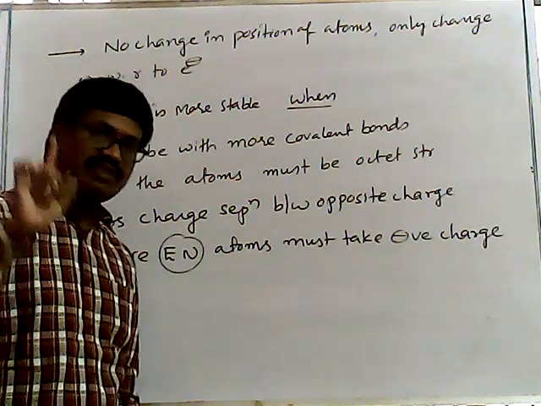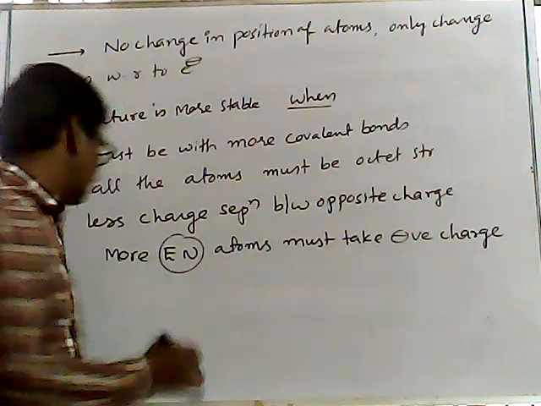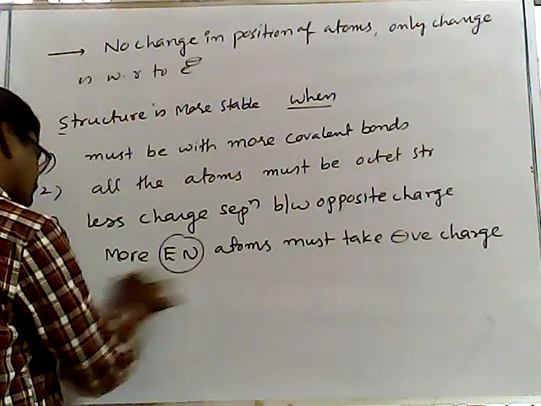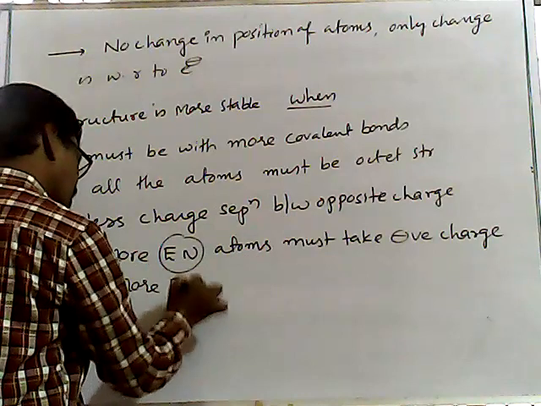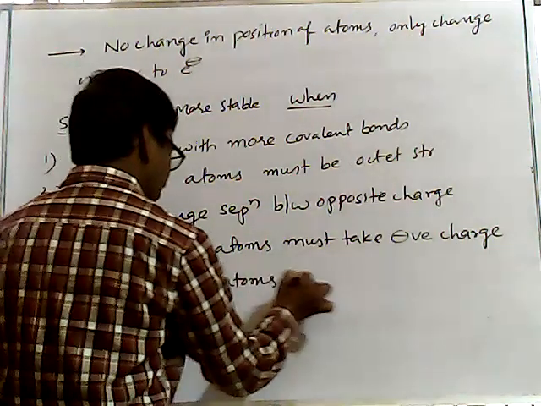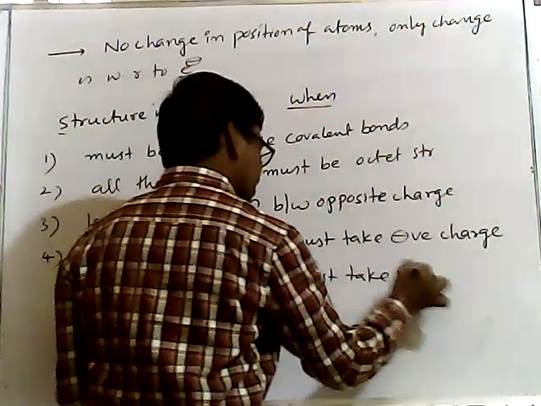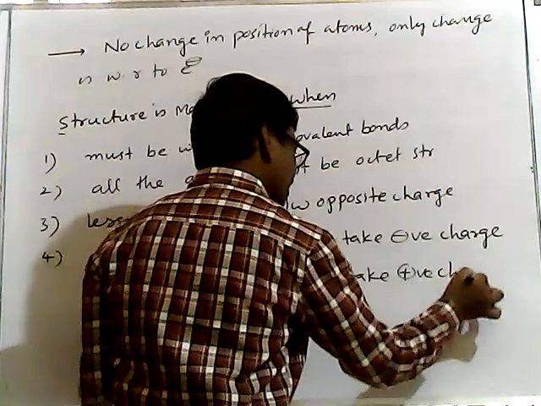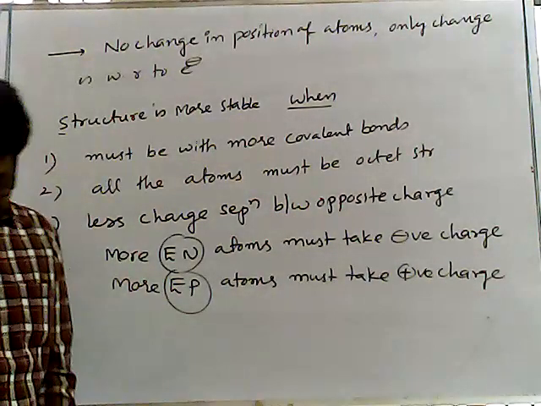Electronegative atoms always take negative charge. Electropositive atoms always take positive charge. So that I am also writing. More electronegative atoms take negative charge. More electropositive atoms must take positive charge. Then only the structure is more stable. Otherwise, the structure is not stable.